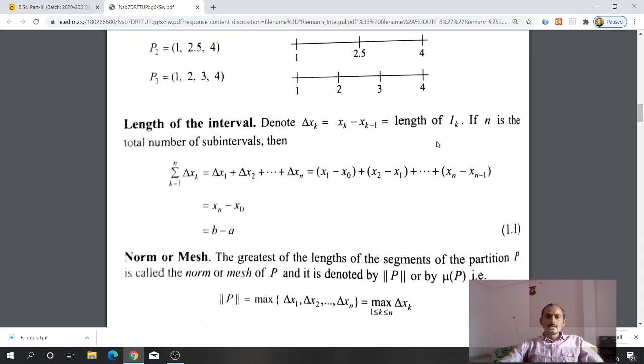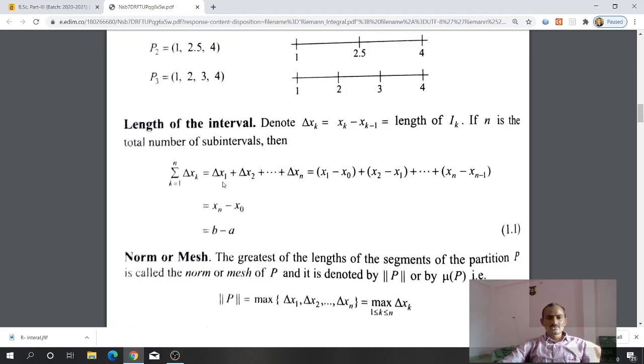This is the length of the kth interval. If you have n intervals and you find the length of each subinterval and sum them, then we get the length of the original closed bounded interval in R. So we have n subintervals, and the sum of delta xk for k from 1 to n is delta x1 plus delta x2 plus so on up to delta xn.